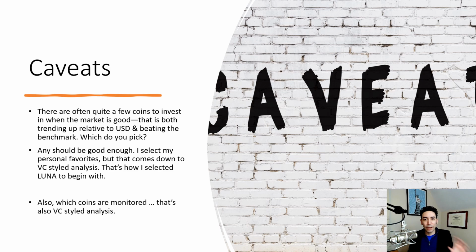And that process is how I selected Luna to begin with. It's also how I select, like you saw that watch list, which coins go into the watch list. Well, it's the same sort of VC-style analysis, right? So which coins go into the watch list, and then when there are too many good coins, which ones I actually select. That's where a little bit of something like value investing does enter in at the third stage.